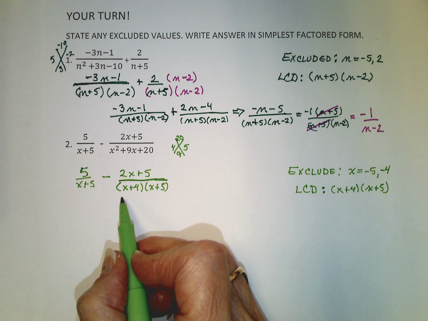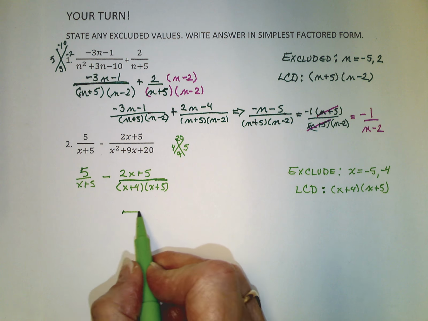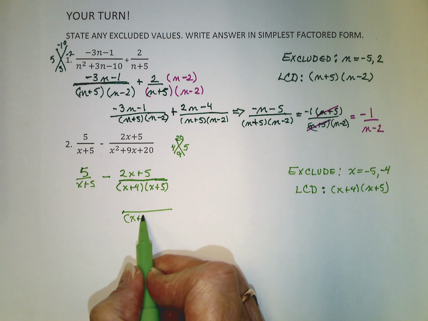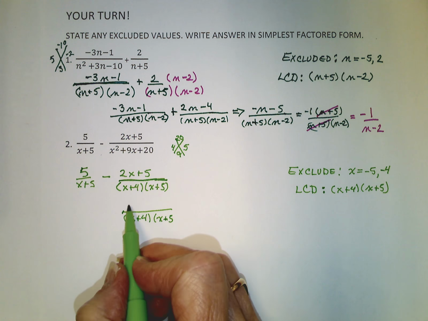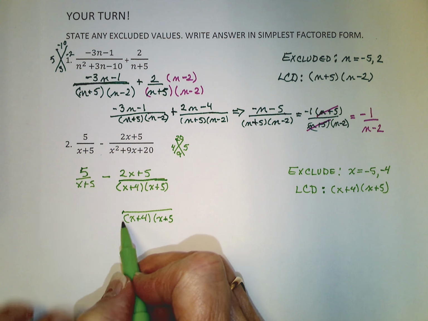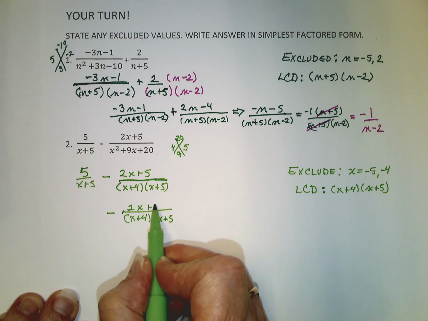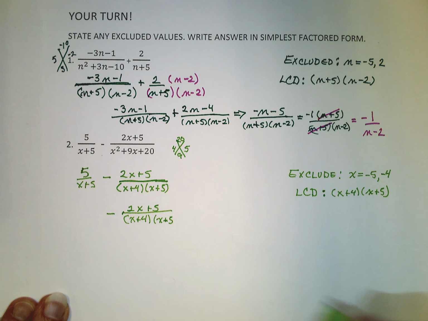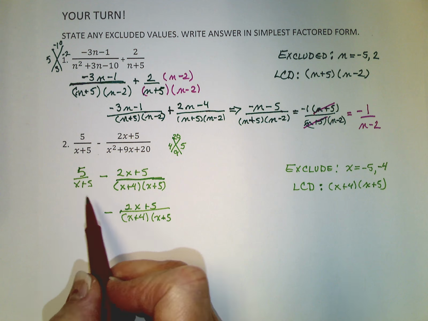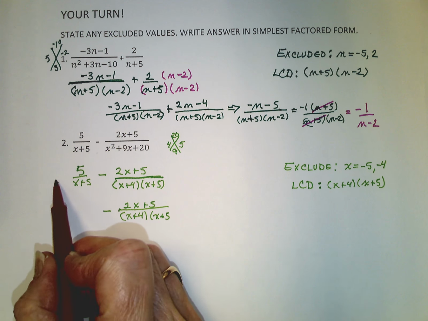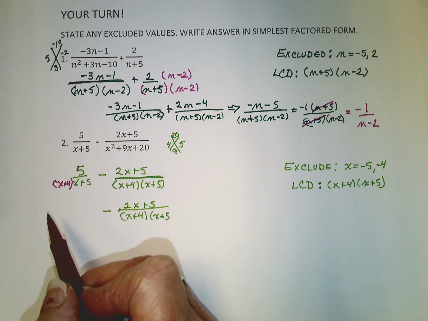This one, fortunately for us, is already over that denominator, which I'm just going to bring down here. This one, though, only has an x plus 5. So this denominator is going to need a factor of x plus 4.